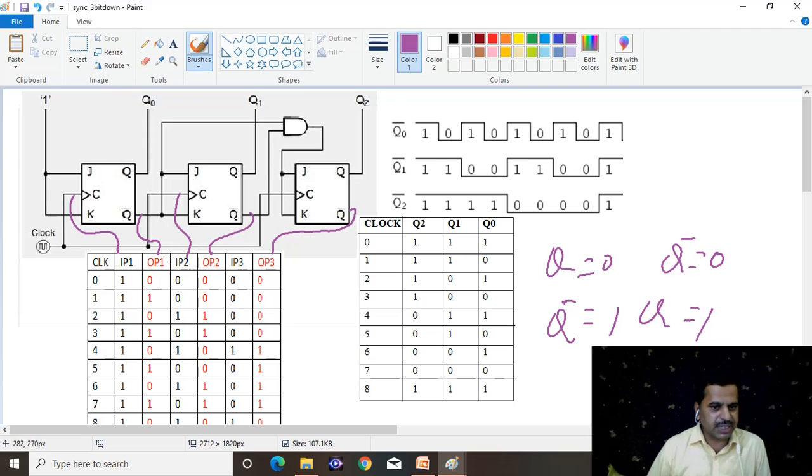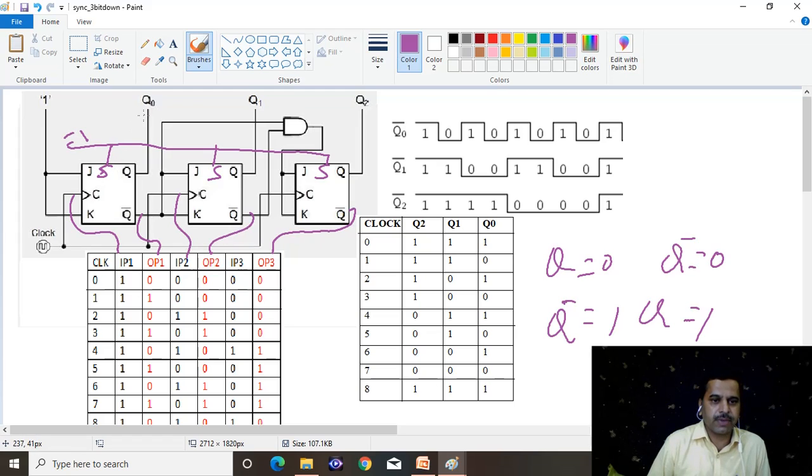Before the application of the clock pulse, the flip-flops are set to 1. That is the set input, which is connected to 1 here.